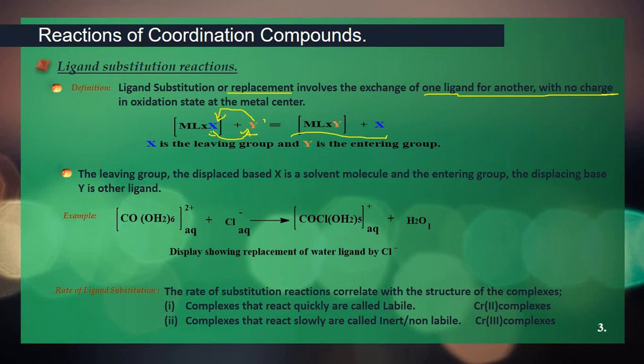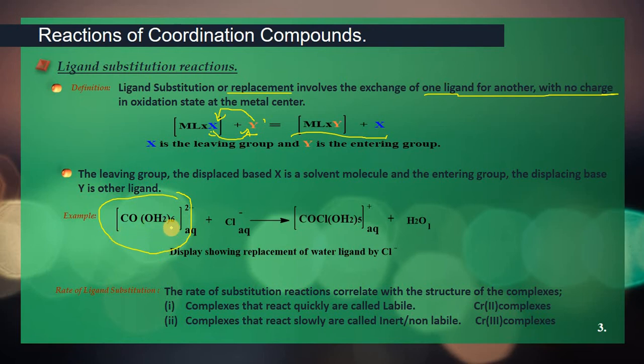Now to a more explanatory example. We can see this Co complex, aqueous, and this is chlorine. We can see the way this Cl minus tends to displace water from its original position.